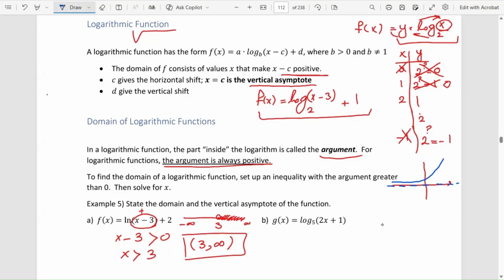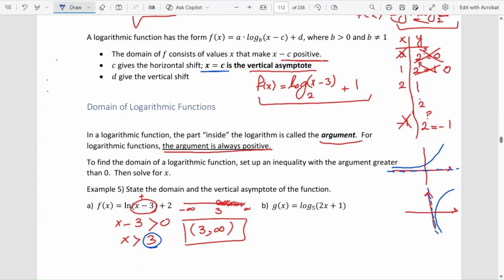Since logarithmic functions are the inverse of exponential functions, now for logarithmic functions, when we graph them, you see that we will have a vertical asymptote, which is a straight vertical line. And how do we find that vertical asymptote? By just finding the number you get when finding the domain, whatever number you get here is the exact vertical asymptote. But since a vertical asymptote is a straight vertical line, and all straight vertical lines are always x equals something, x equals what? x equals 3.